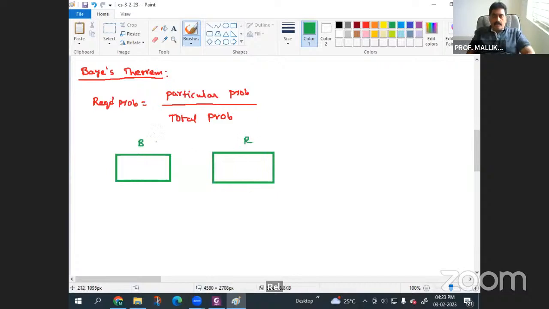There are two shopping complexes, Big Bazaar and then Reliance. Now, you want to buy a dress for a birthday. In both the shops, dresses are available.